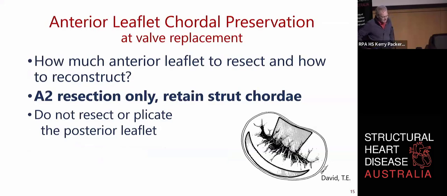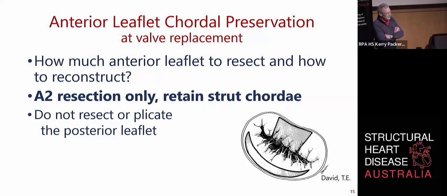Tyrone David, some 30 years ago, suggested that we could get away with less than that, which would be logical, because although taking out A2 will remove the forces through the papillary muscles that are applied from the marginal chordae, it will retain the strut chordae, and we know the strut chordae are important. So that would be the logical recommendation.